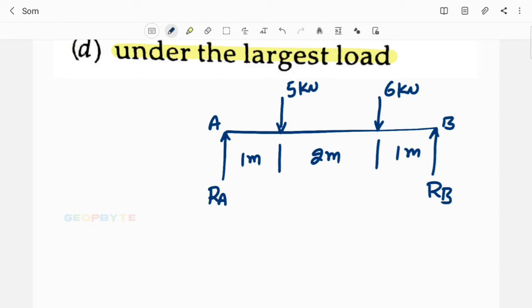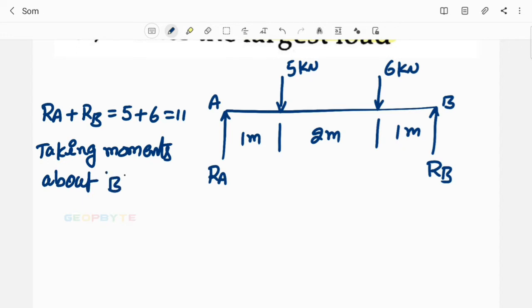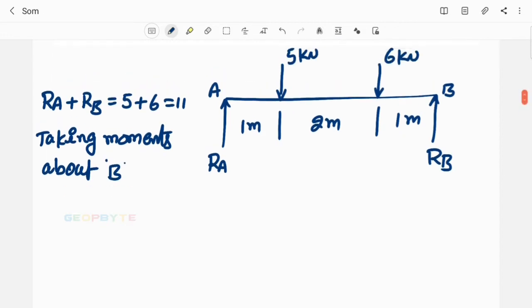First let us decide the sum of the reactions. RA plus RB must be equal to the sum of the point loads. 5 plus 6 equal to 11. Now for deciding RA and RB, let us take the moments about B. You can also take about A. With respect to B, the B is the reference point.